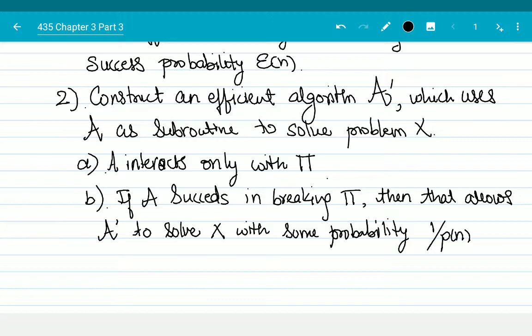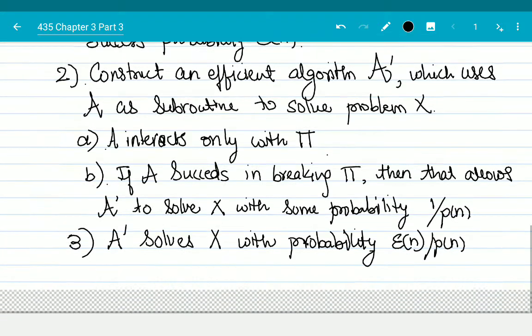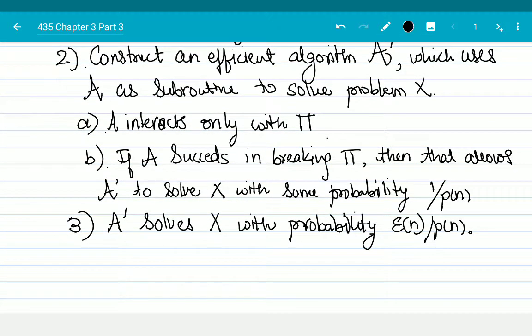However, A prime then solves problem X with probability epsilon of n over P of n, which is negligible if epsilon is negligible, and it is not negligible if epsilon is not negligible.